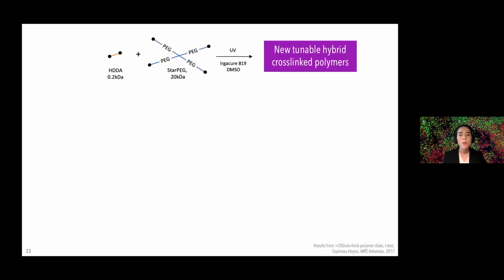So I copolymerized hexane diol diacrylate, or HDDA, and tetra-PEG acrylate, or STARPEG, to form these hybrid polymer networks with hydrophobic and hydrophilic properties. STARPEG imparts mechanical robustness as well as stability in solution relative to high molecular weight linear PEGs, and HDDA acts as a cross-linker, providing hydrophobicity that helps reduce or control swelling and hydrolytic degradation of the network.